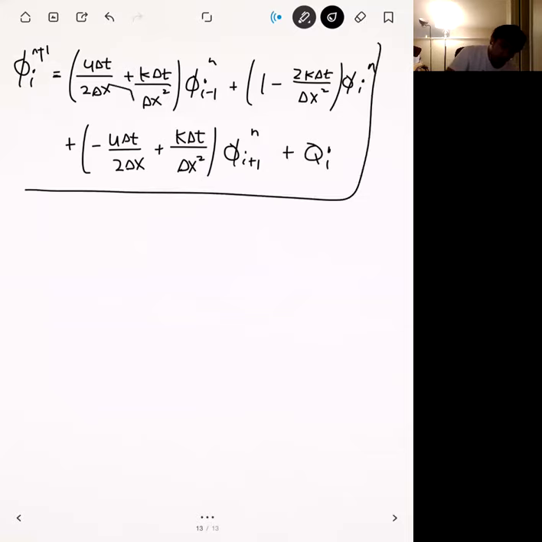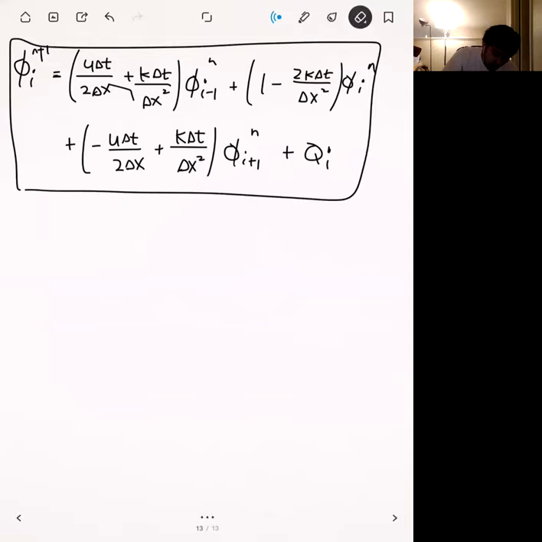It's a big expression, but there are only a few actual variables because most of them are repeats. What you have to do is plug in all the different variables to get our time advancement equation.